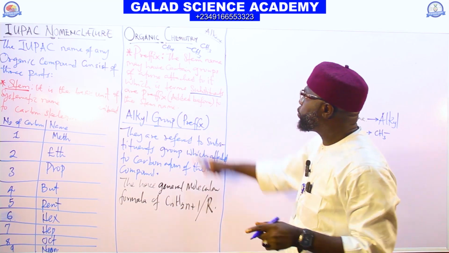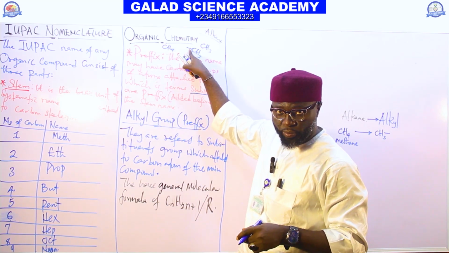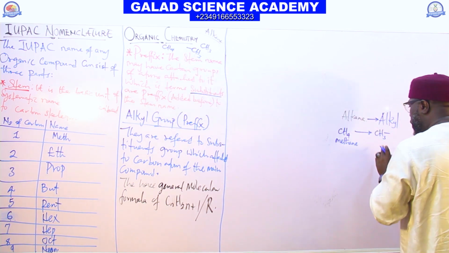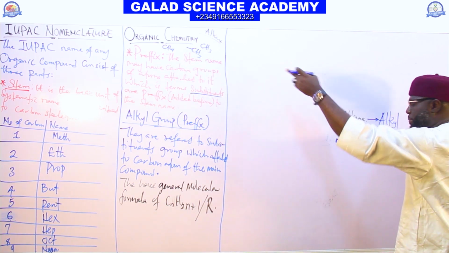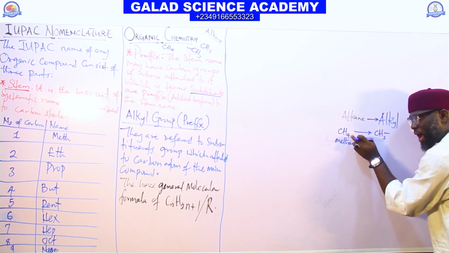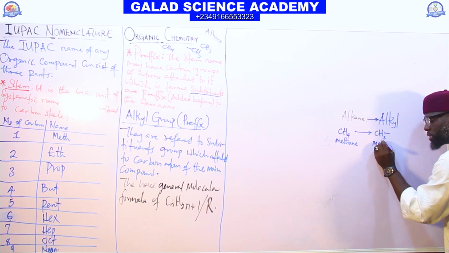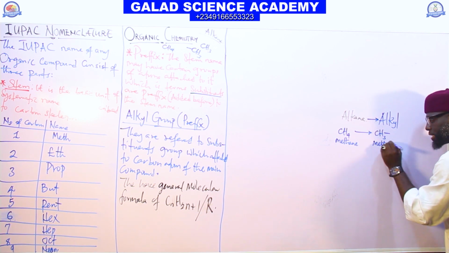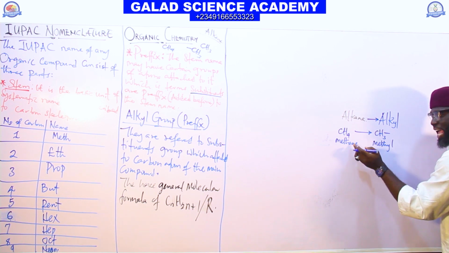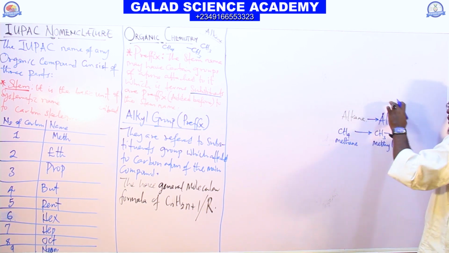So once you remove one atom here, you must put a bond here. You can put the bond in the back or in the front. So remove one hydrogen from methane, it gives us methyl. Instead of A-N-E, we have Y-L. Alkane gives us alkyl.